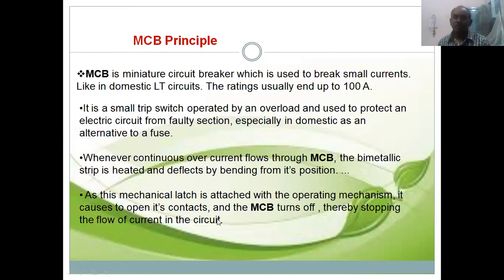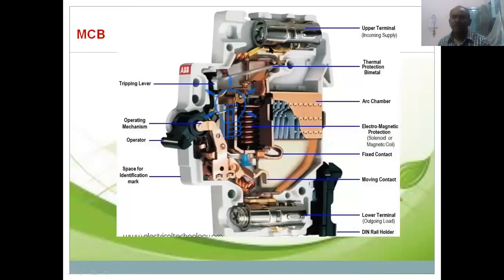These are very clear figures you can observe: the clipping lever and the shooters. If an arc occurs, it is extinguished by lengthening it using the shooters and arc chambers, with thermal protection by the bimetallic strips. Here you can see the bimetallic strip, and these are the details incoming.